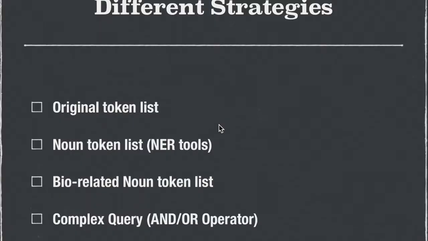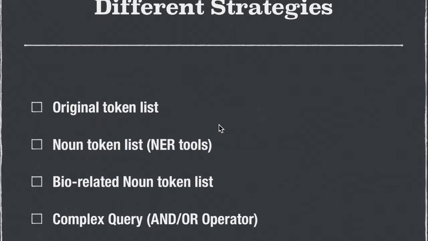The first method we tried is to split the question text by space and get a question token list. But this method didn't perform well. An advanced technique is named entity recognition. Stanford NER is used to find nouns. To make it more meaningful, we added LingPipe, which is a biomedical named entity recognizer.